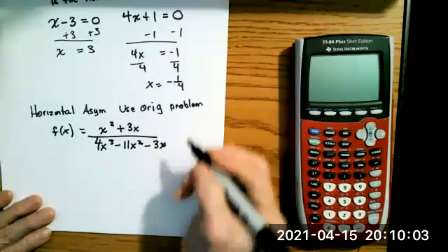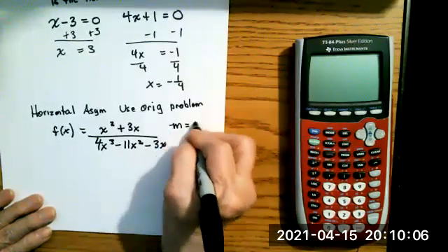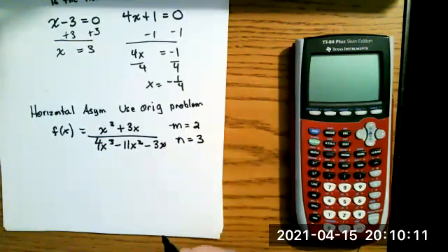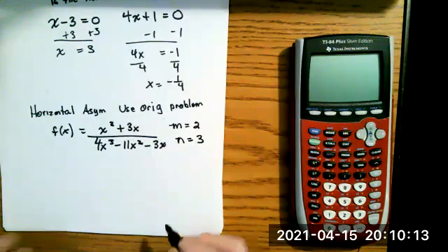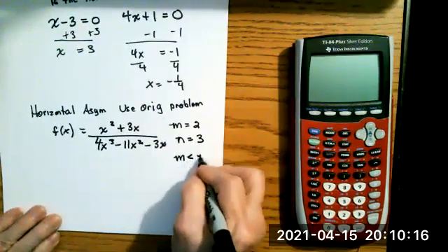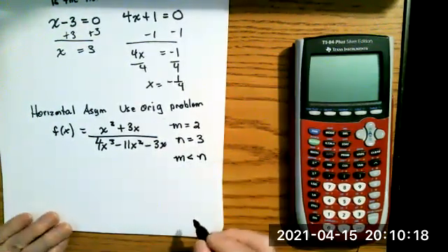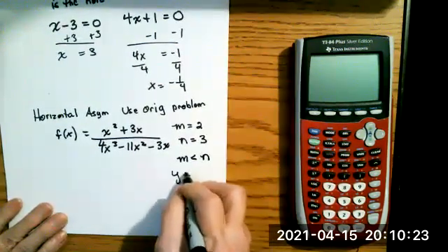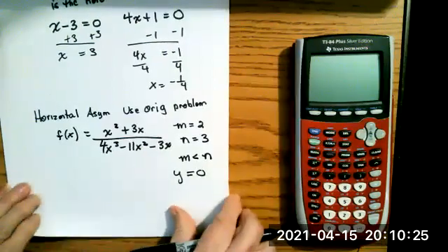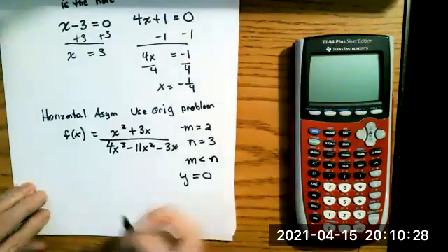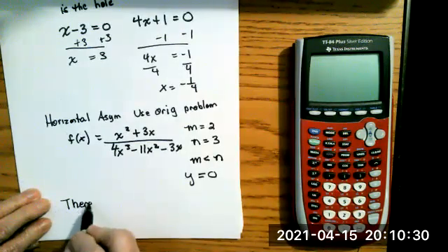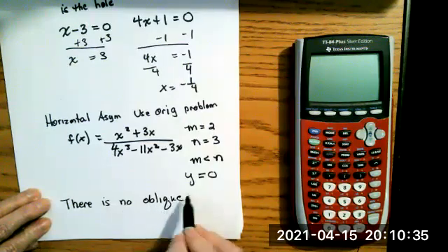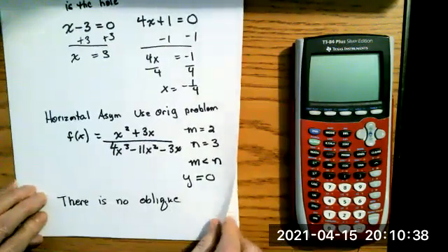So in the top, the m is equal to 2. The n is equal to 3. Those are the exponents for the leading terms. So m is less than n. So what is our horizontal asymptote? y equals 0. You got that one down, don't you? y equals 0. And then there is no oblique. If you have a horizontal, you will not have an oblique.